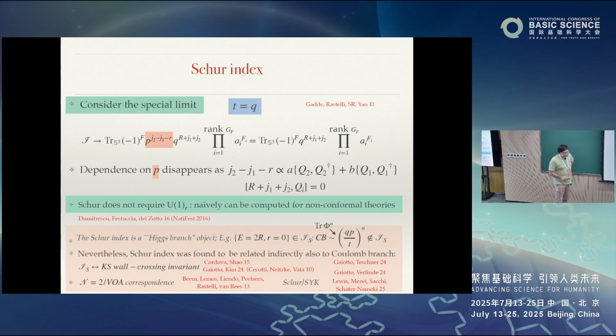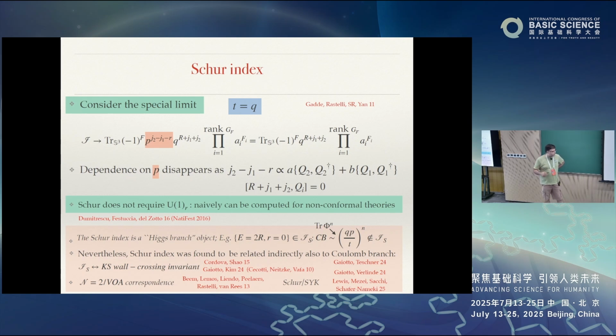If you look at Coulomb branch operators like trace phi to the n, where phi is a joint field in the N=2 vector superfield, and you set q equals t, so q cancels in the contribution of this operator to the index, it only depends on p. But since p cancels out in the index, somehow these Coulomb branch operators have to cancel against something else. So naively, the Schur index is a very Higgs branchy object.